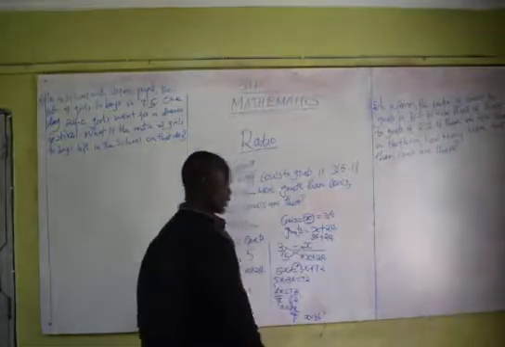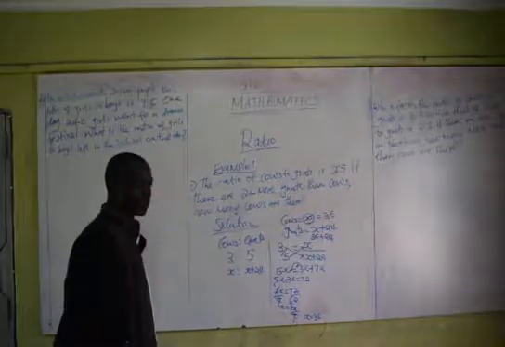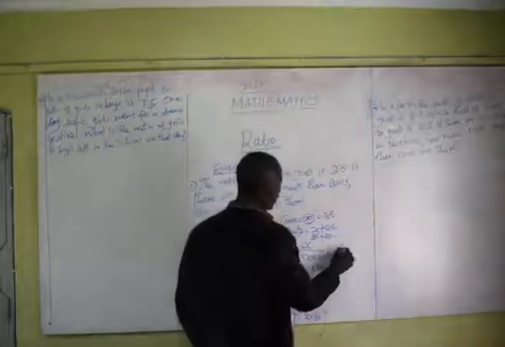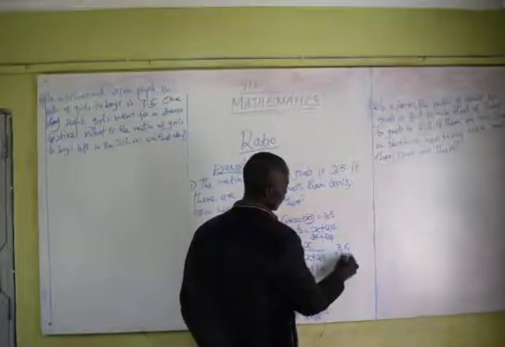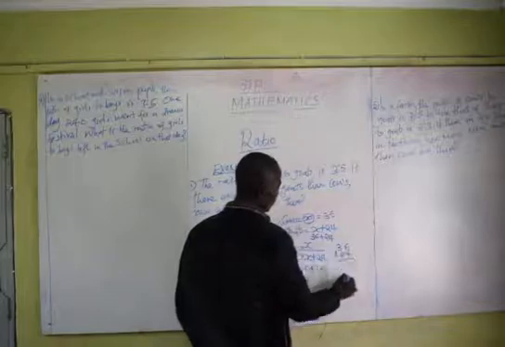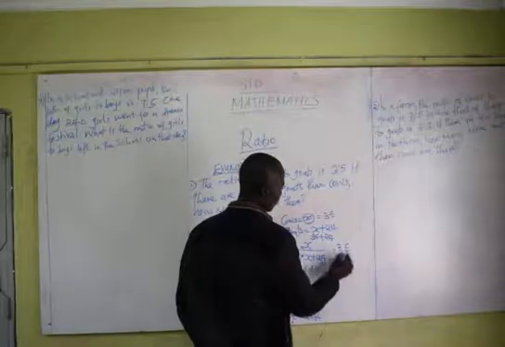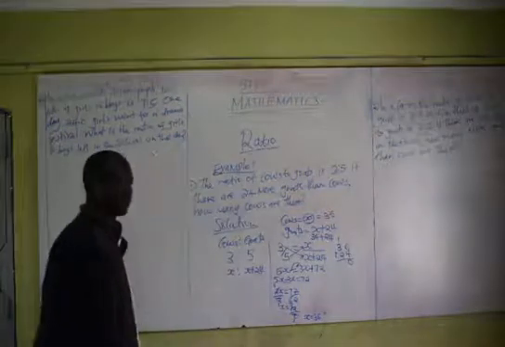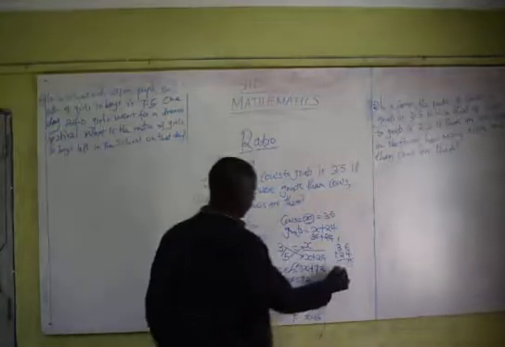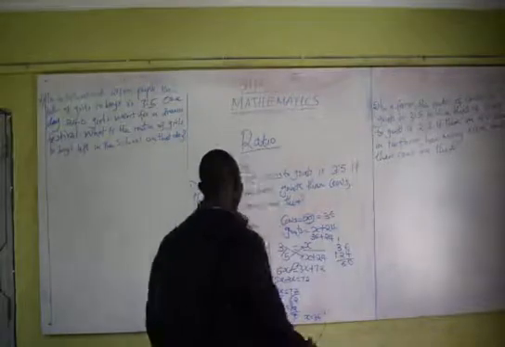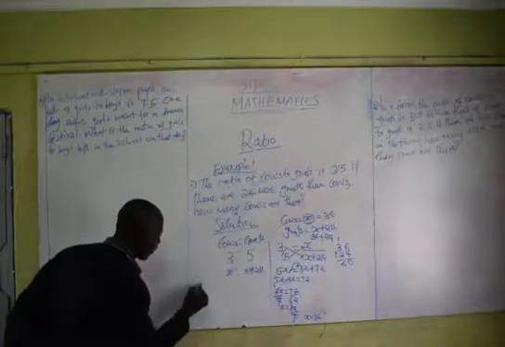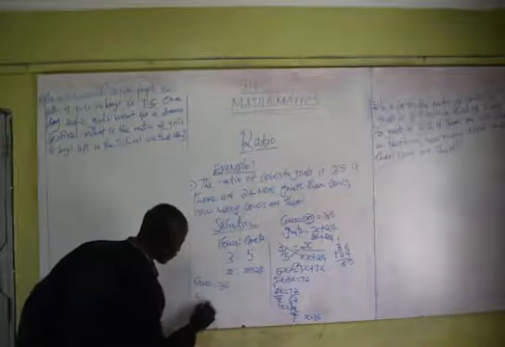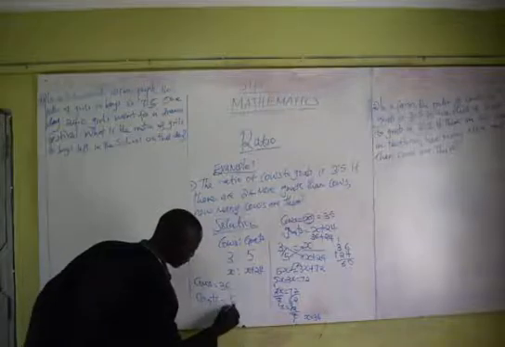Let us add that: 6 plus 4 gives us 10, we write 0, carry 1. 1 plus 3 we get 4, 4 plus 2 gives us 6. So the number of cows was 36 and the number of goats was 60.